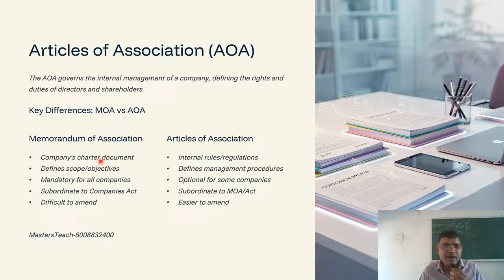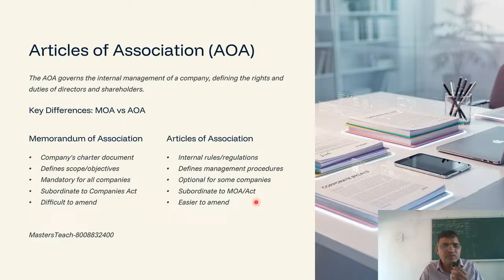The memorandum of association is the main document, also called the charter document, whereas the articles of association are the internal rules and regulations. The memorandum defines the scope and objectives, whereas the articles cover the management procedure within the company. The memorandum of association is mandatory for all companies.